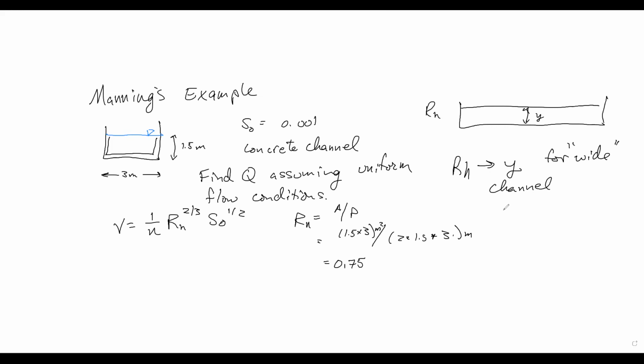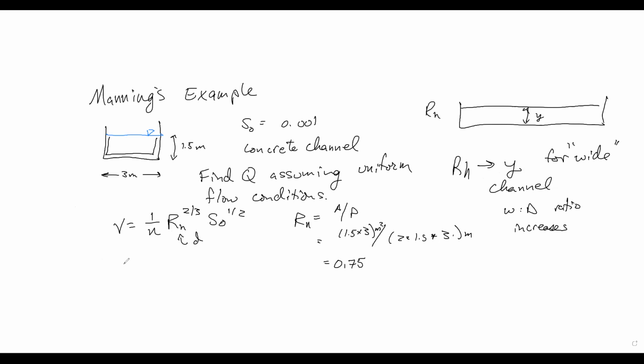So as the width to depth ratio increases, the hydraulic radius converges to y. Something to keep in mind. Sometimes, and we won't encounter this here, people will swap in depth for hydraulic radius because that's simpler to calculate or estimate. But that's only for rivers, essentially, not for little canals and stuff like that.